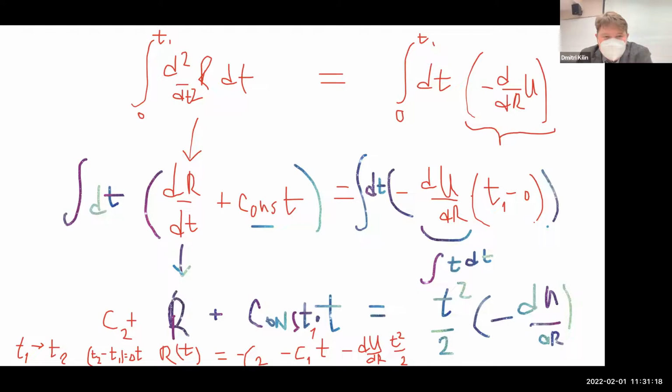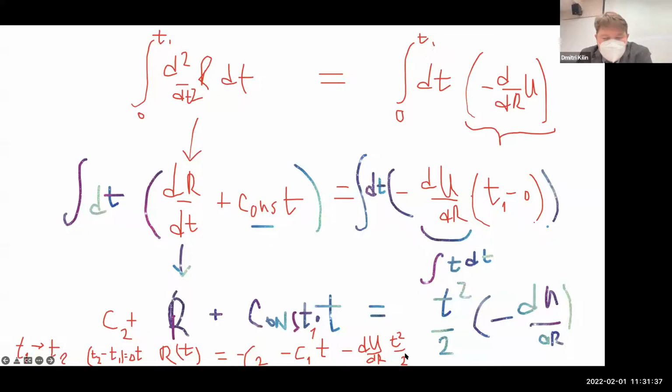Approve? And then, yeah, thank you. And then we will collect r of t on the left side and everything else on the right side. So it will be constant 2, constant 1 times t, and the gradient times t squared over 2.